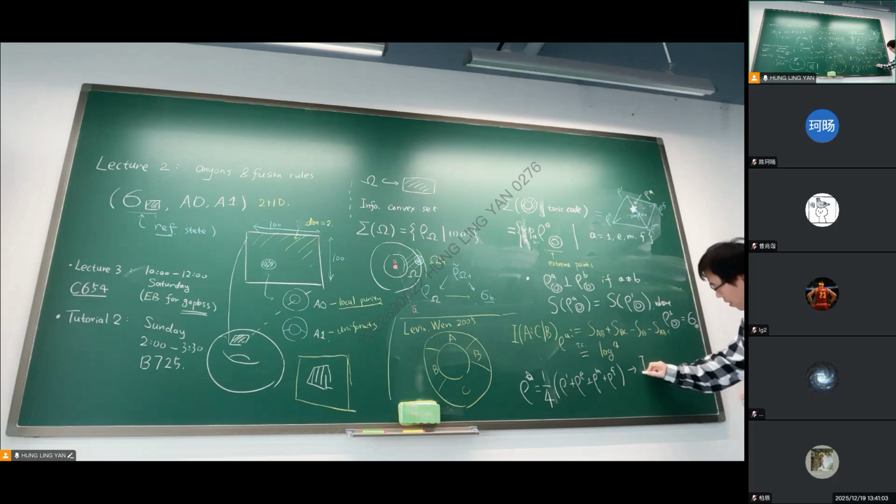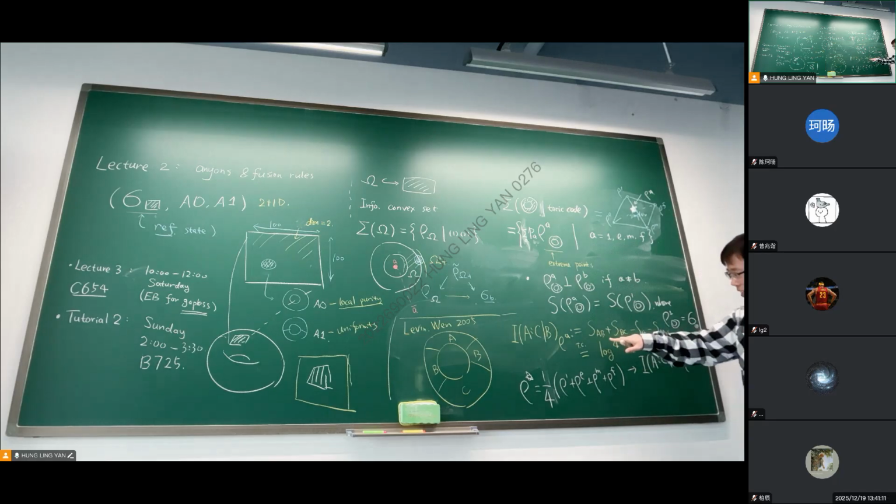And then let's ask what's the conditional mutual information for rho star. Again, we need to write the 4 terms, S_AB, S_BC, S_B, and S_ABC.